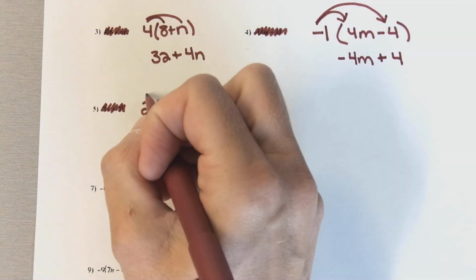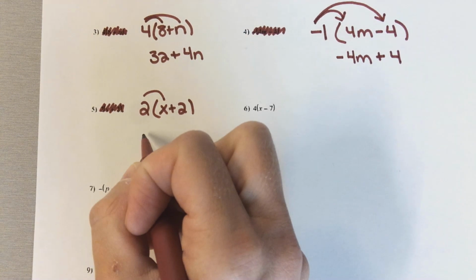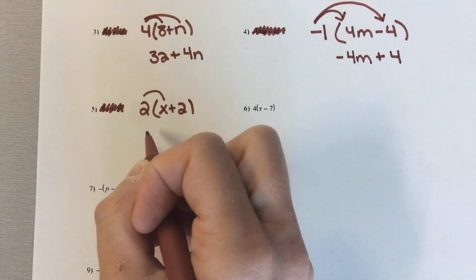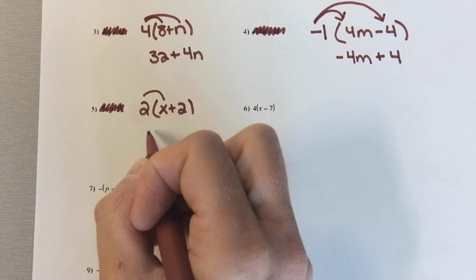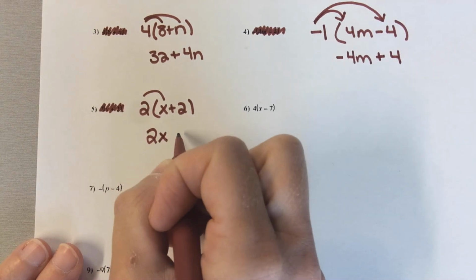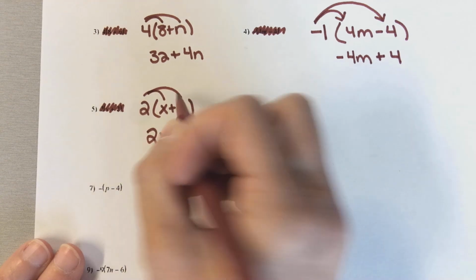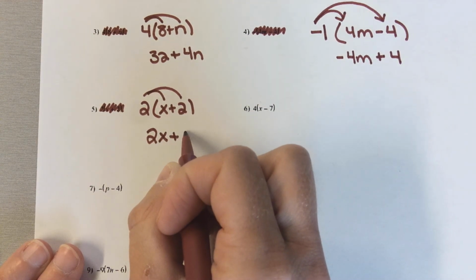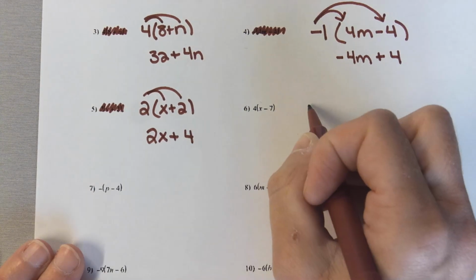Alright, when I distribute 2 times x, 2 times x, 2, also x, right? Okay, and then 2 times 2? 4.